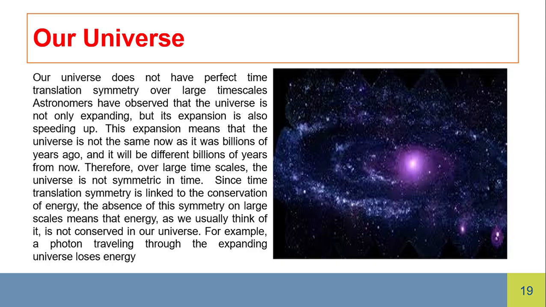Therefore, over very large time scales, the universe is not symmetric in time. Since time translation symmetry is linked to the conservation of energy, the absence of this symmetry on large scales means that energy, as we usually think of it, is not conserved in the universe. For example, a photon traveling through the expanding universe loses energy.